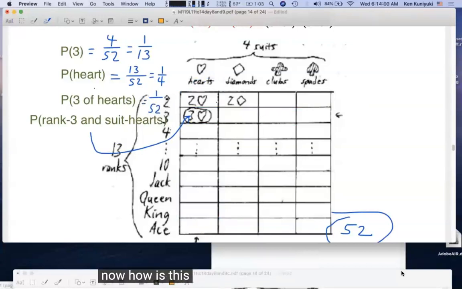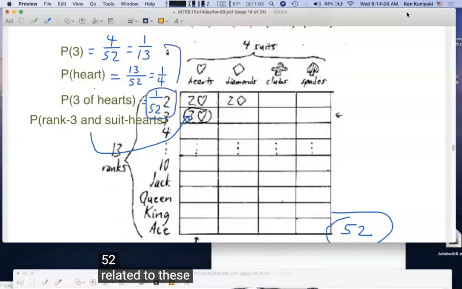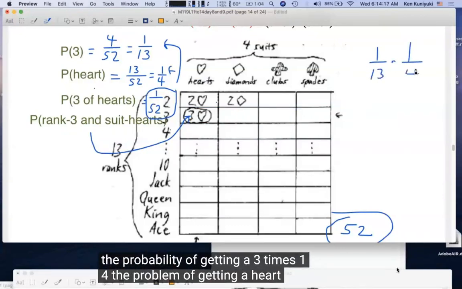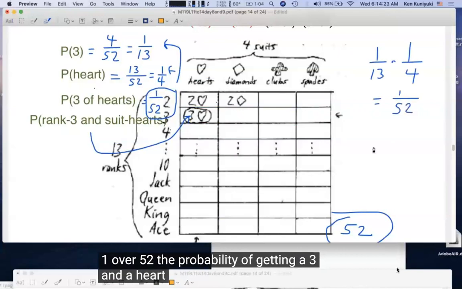Now, how is this probability, the 1/52, related to these other 2 probabilities? Well, notice that 1/13, the probability of getting a 3, times 1/4, the probability of getting a heart, is 1/52, the probability of getting a 3 and a heart.